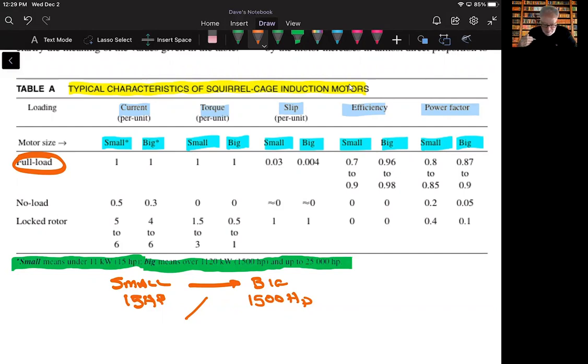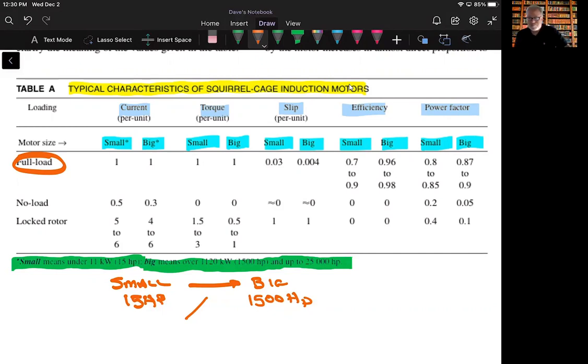So the motor's reactive power is greater than when the motor's operating at no load. However, the active power absorbed by the motor is proportional to the mechanical load, and the power factor of the motor improves dramatically as the load increases.